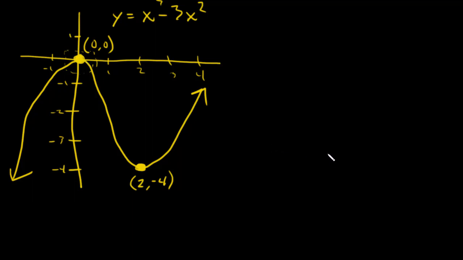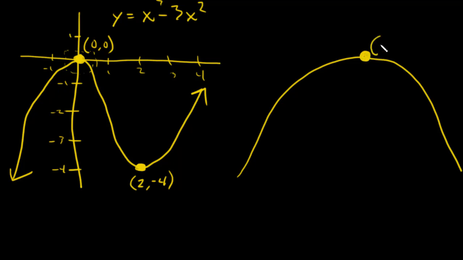Okay, so I'm going to zoom in, and this is what it looks like. Okay, now I'll put the point right there at (0, 0). Is there anything odd about this point right here that would be the same kind of oddness for this point down here?